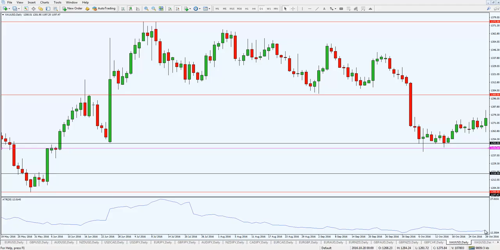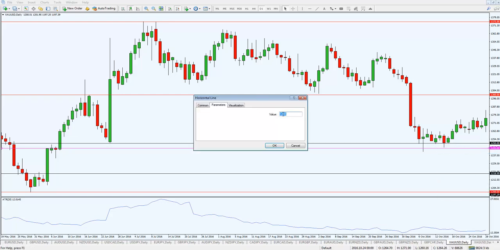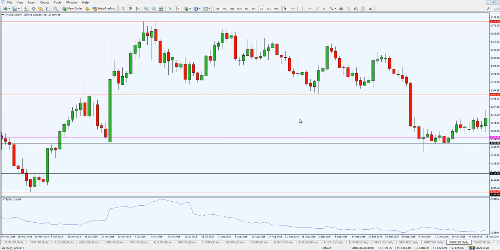The ATR value is still about $14, I think because that's the value we took earlier, but let's assume it didn't change much. The high of this candle is now 1284. So 1284 minus 2 ATR, which is $28, gives you 1256. So you can shift your trailing stop loss to 1256. Your trailing stop loss is here right now.